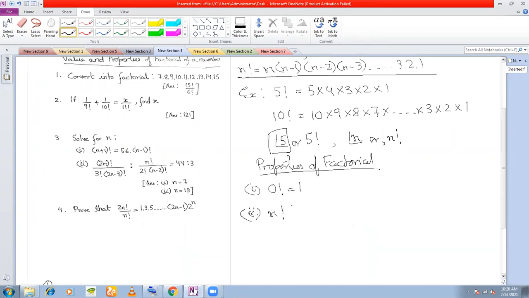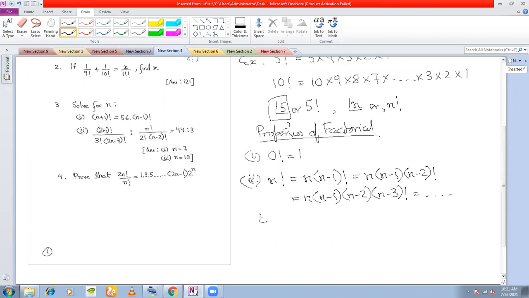This is a very important property: factorial n can be written as n into n minus 1 factorial, which can also be written as n into n minus 1 into n minus 2 factorial, which can also be written as n into n minus 1 into n minus 2 into n minus 3 factorial, and so on.